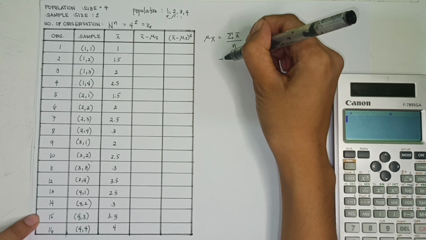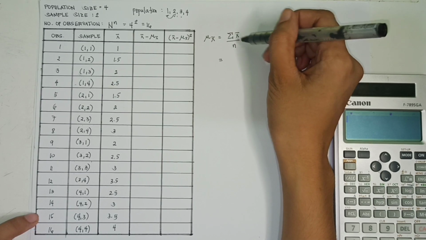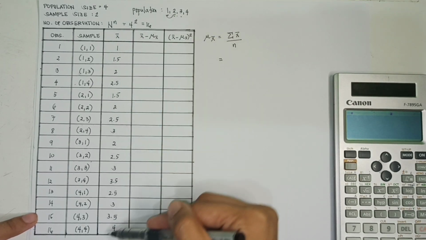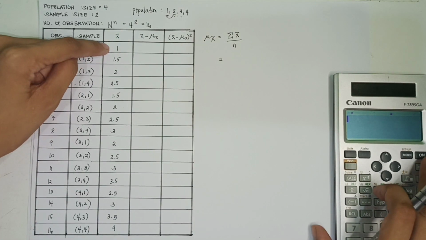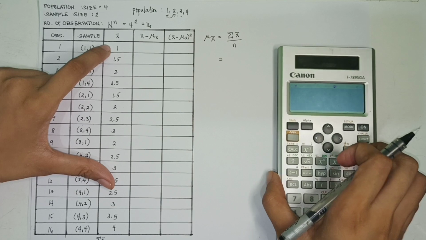Okay, so that is equal to, so you need to get the sum of all the values of x bar. You need to get the sum or summation of x bar. So, ibig sabihin po, kailangan mong i-add lahat ng nasa column na ito. Okay? So, add lang po natin lahat.